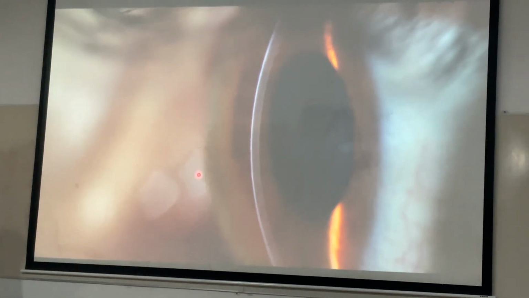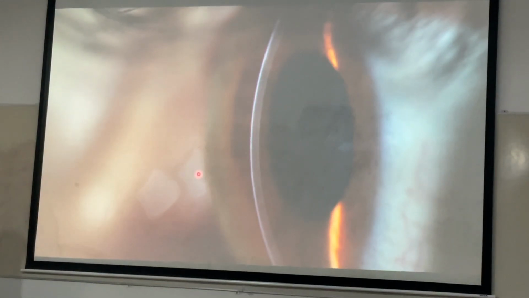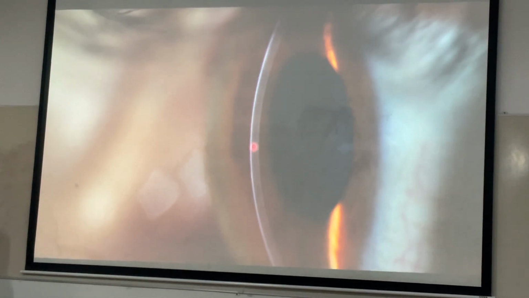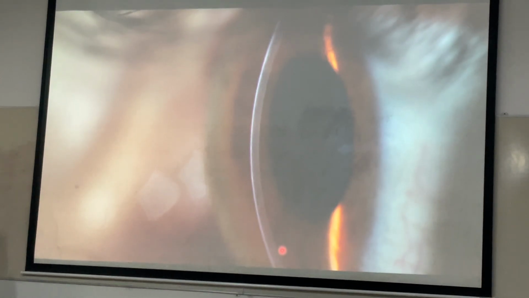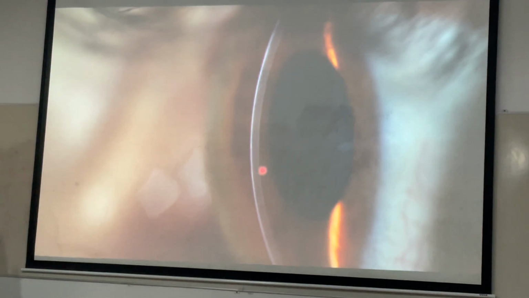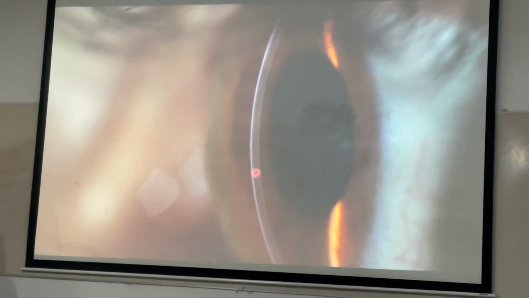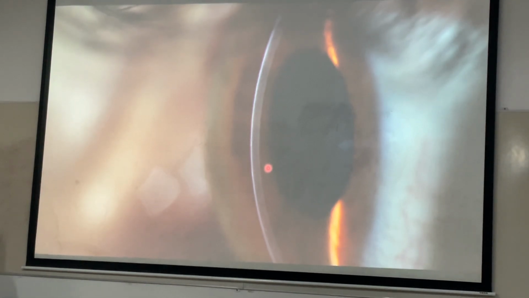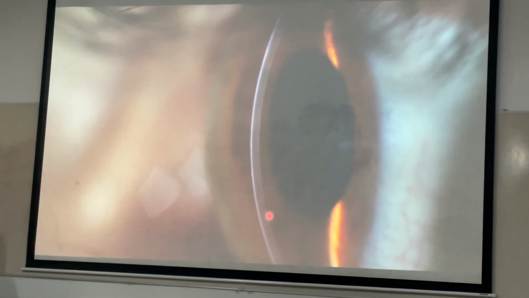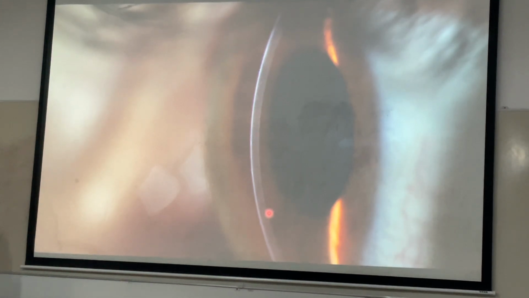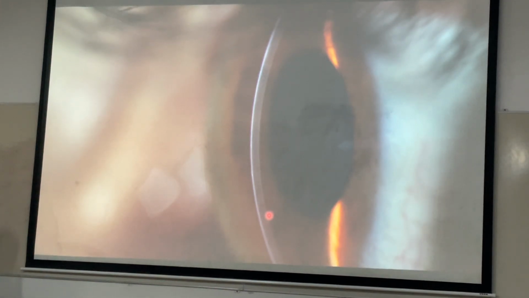When we pass light through the eye and we make the light a very thin beam, then we're able to see the cornea. So this is the cornea in high magnification. So we just imagine that it has 5 layers. The very front part, the epithelium, the very back part, the endothelium, and everything in between is your stroma. So this is what we see when we examine patients.